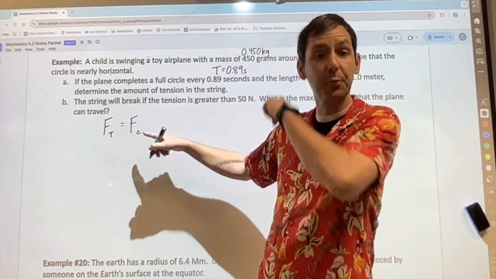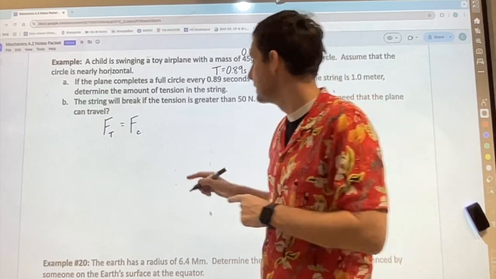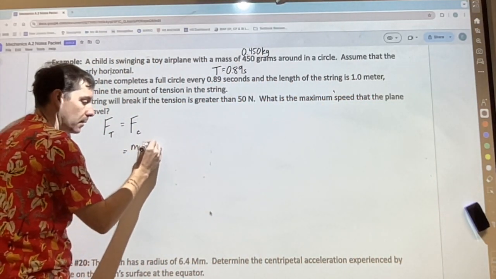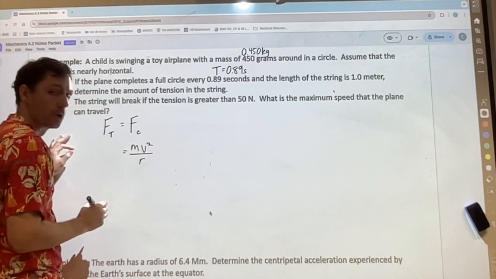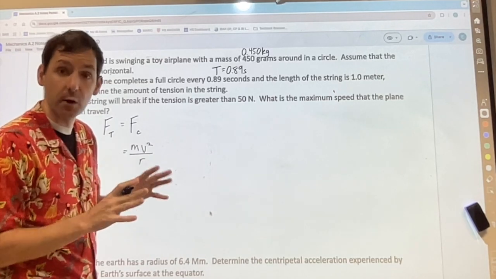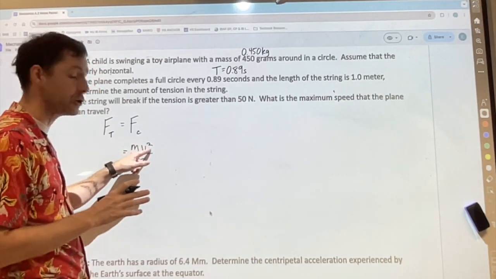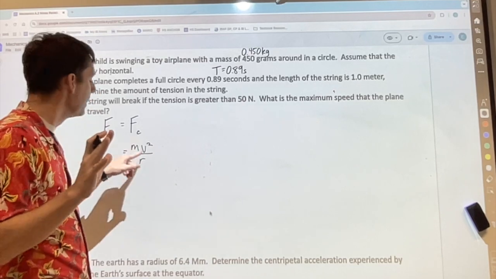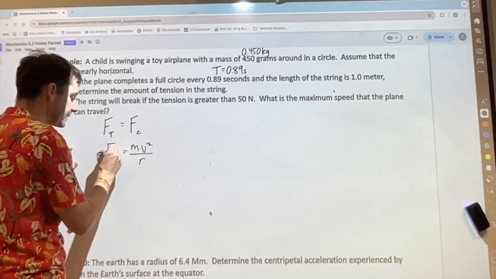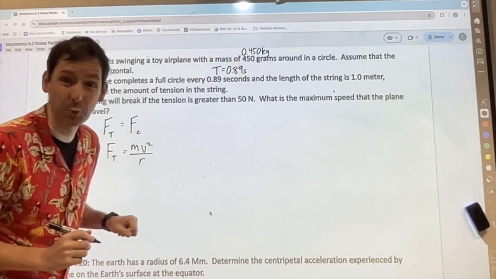On the previous piece of this video we said that the centripetal force is equal to mv squared over r. Remember that the formula packet very often only gives you a, so you have to remember that force equals m times a. Therefore, the force of tension is equal to mv squared over r.